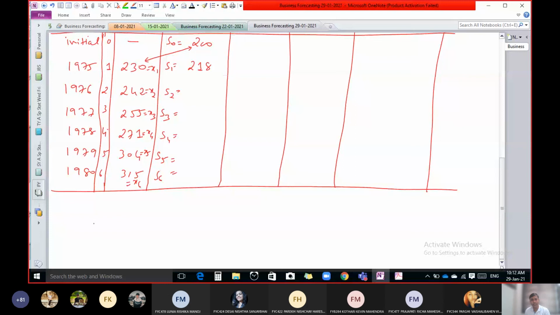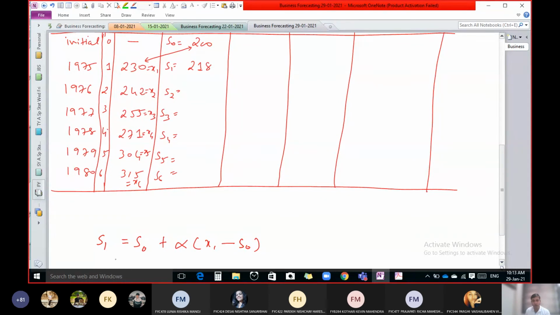So once again, S1 is nothing but x1 minus S0, multiplied with alpha, and we add that to S0. So this is the way to learn the formula.